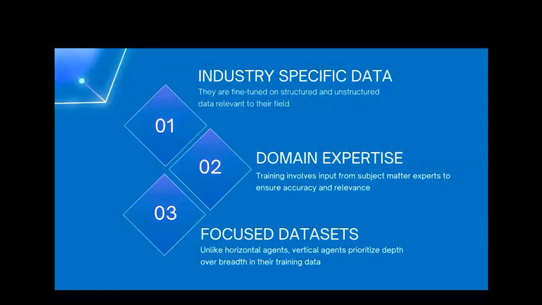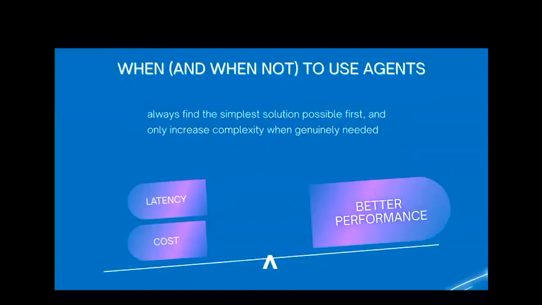Let's take an example. Healthcare is the most important one. We can't just use a general base model for a healthcare-related solution. It always needs model fine-tuning, and the training process needs to involve a well-certified doctor to ensure accuracy and relevance, and all the data sets should be well-documented use cases.